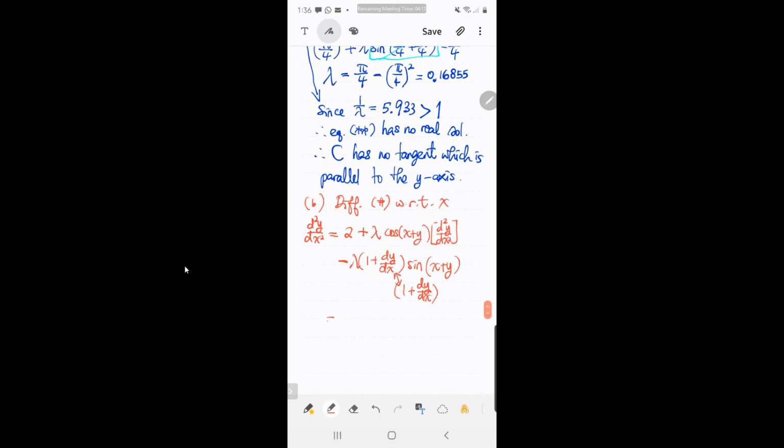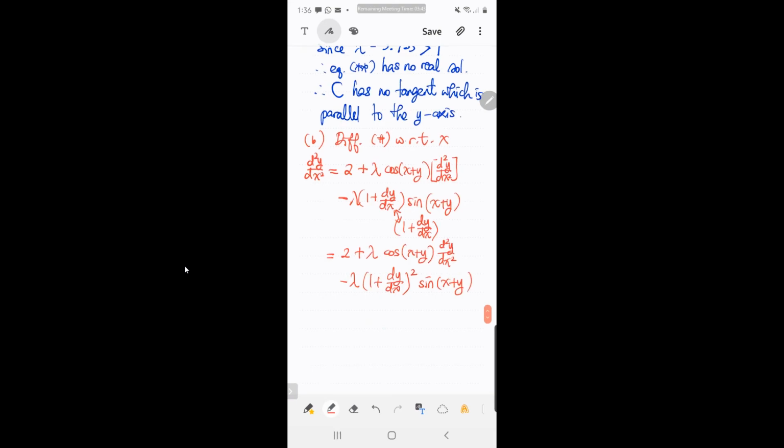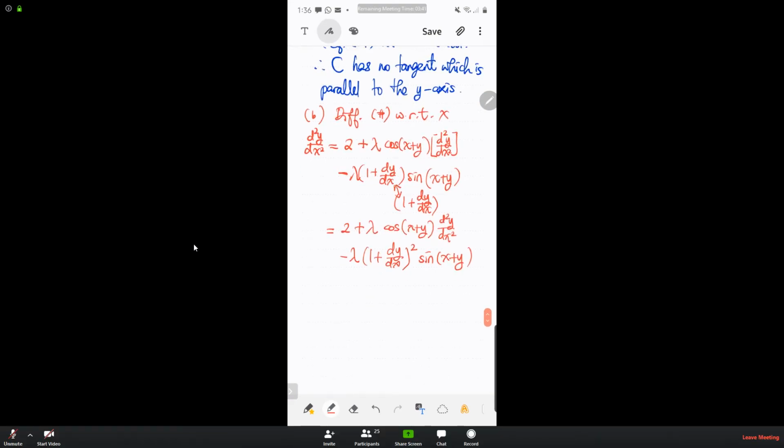Hence, you can simplify this to 2 plus lambda cos x plus y, followed by d2y dx2, then minus lambda, then you have 1 plus dy dx in the bracket, squared, followed by sine x plus y. So you use this one to find the value of d2y dx2 at A, all right? The rest is just substitution. So you just need to substitute, okay?